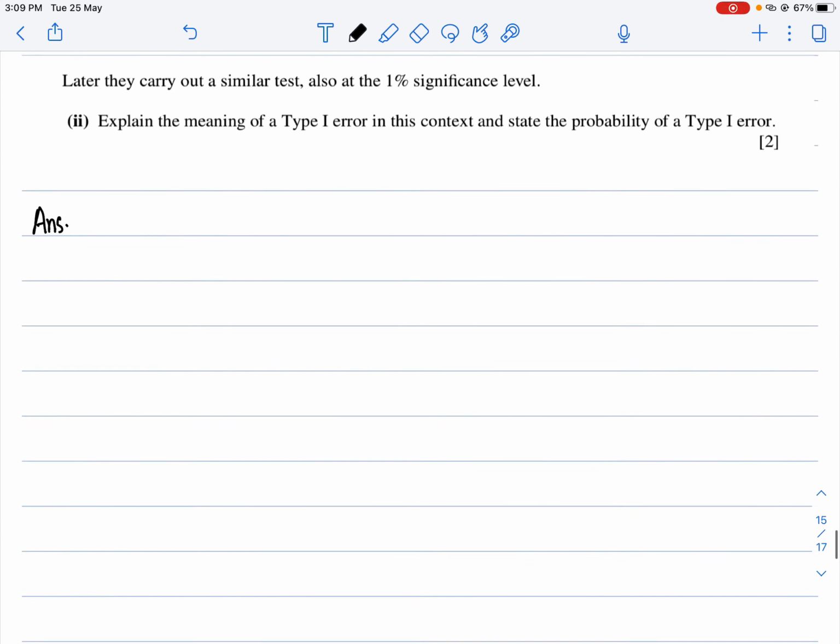Later, they carry out a similar test, also at 1% significance level. Explain the meaning of a type 1 error in this context and state the probability of a type 1 error. The type 1 error means when you reject your null hypothesis, but your null hypothesis is true. Basically, it is the area of rejection or the probability of the critical region.